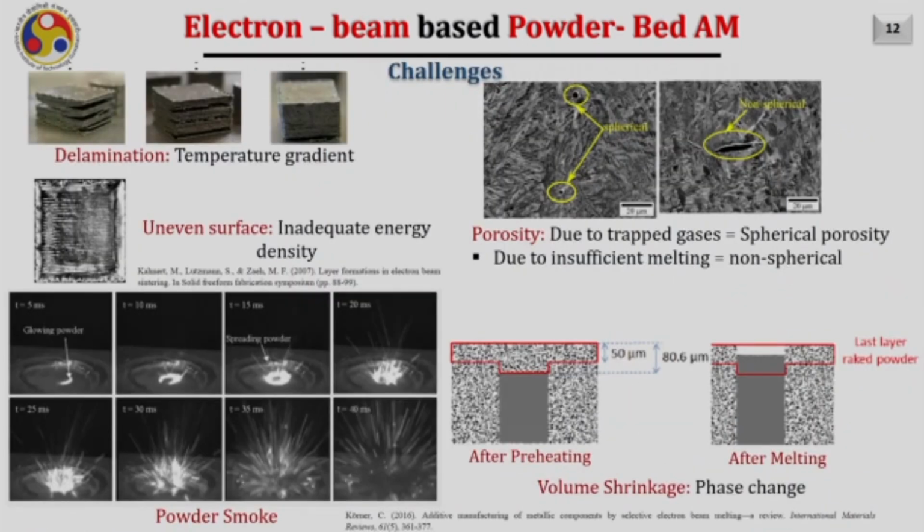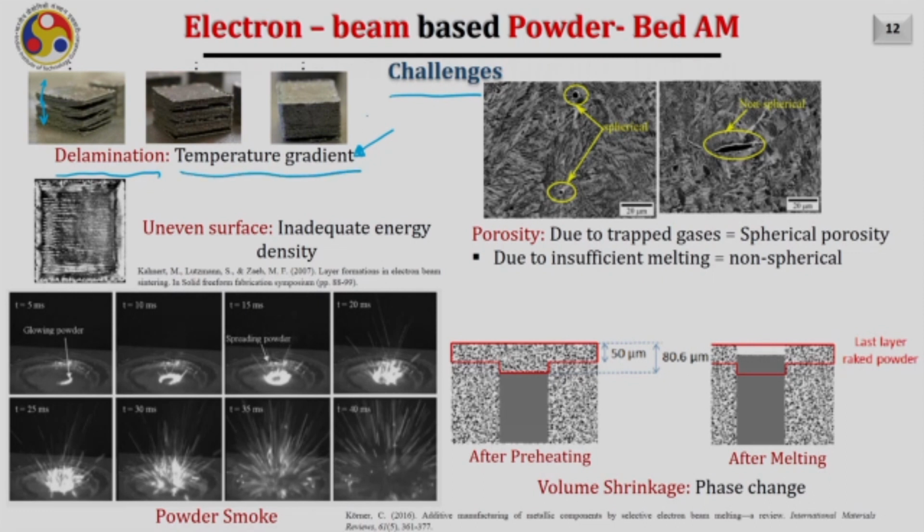Now let us discuss some of the challenges associated with electron beam. The major challenge is again very similar to the laser based processes, that is delamination, where the layers are not able to join together, and due to the residual stress they get delaminated like you are seeing here. The primary reason for residual stress is of course the thermal gradient.